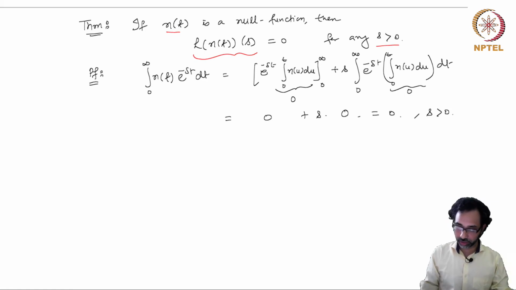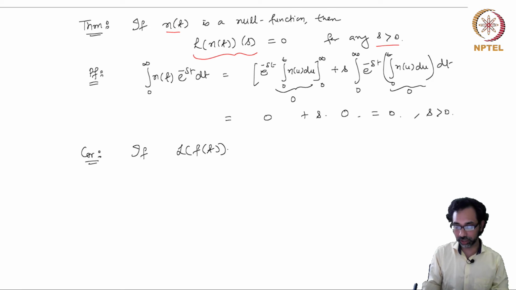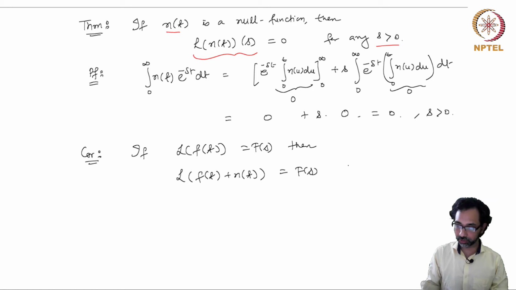Therefore, as a corollary, we have that if the Laplace transform of a function f(t) is F(s), then the Laplace transform of f(t) plus n(t) is also equal to F(s) for any null function n(t).